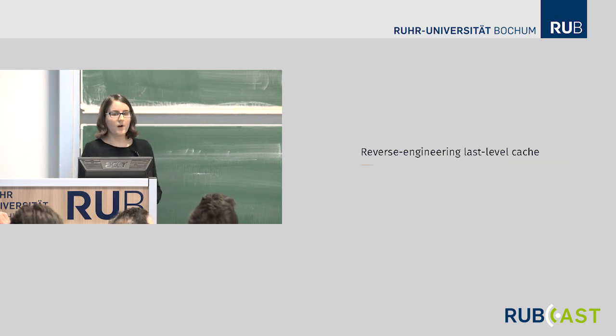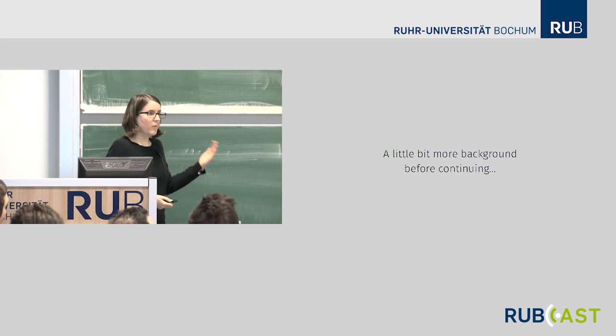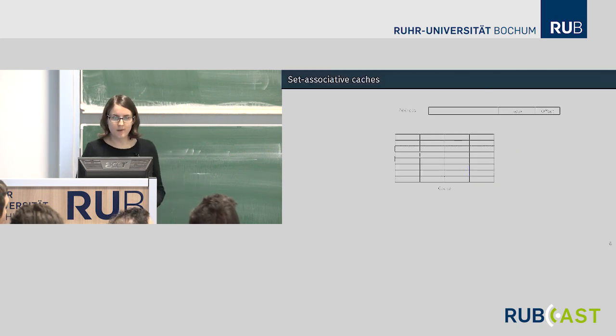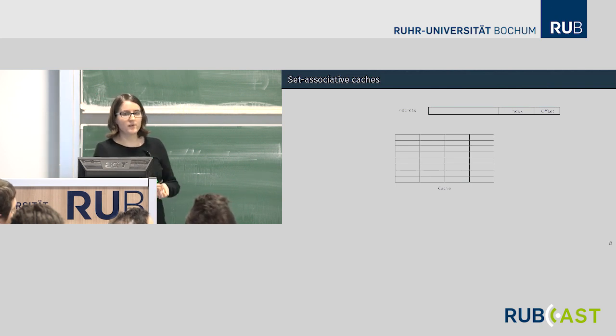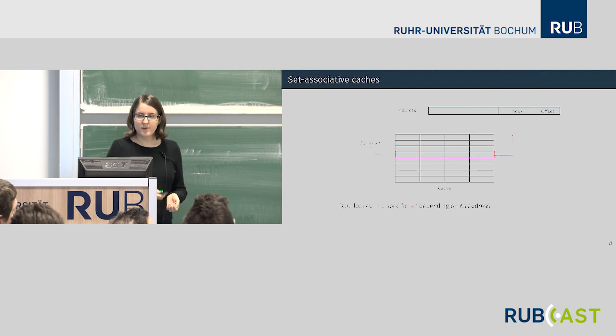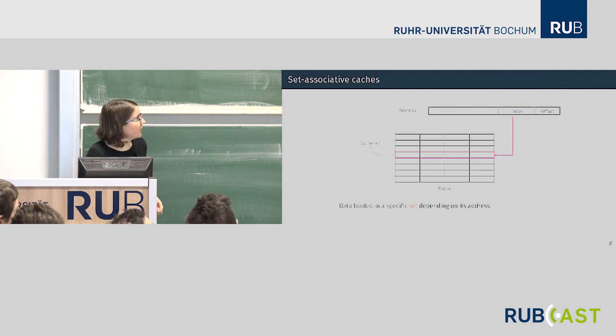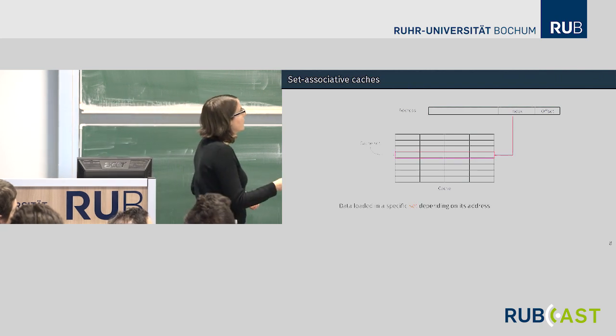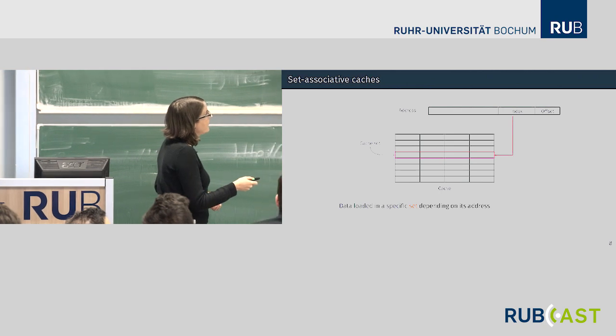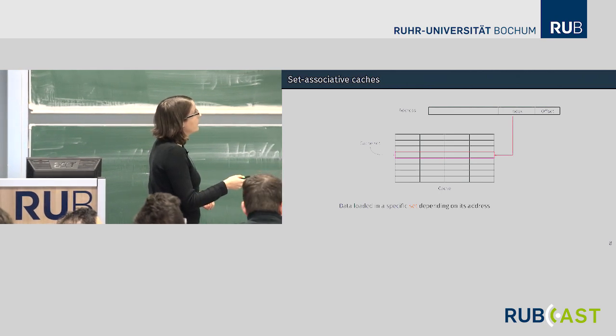I'll start with reverse engineering the last level cache, and a bit more background before continuing. Today we typically have set associative caches, which means that data is loaded in a specific set, a cache set, that depends on its address. In particular, it depends on these bits of the address.